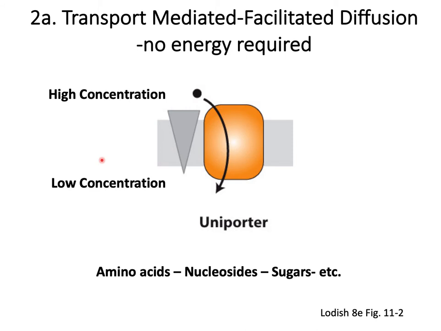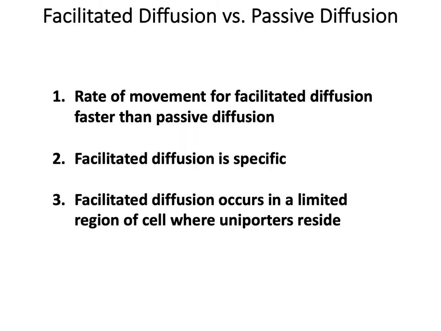These transporters are usually referred to as uniporters because they can move one type of substance or one class of substance. So here are the differences between facilitated diffusion and passive diffusion. First, the rate of movement for facilitated diffusion is faster than passive diffusion. And that is because the rate limiting step, which is the hydrophobicity, has been removed.